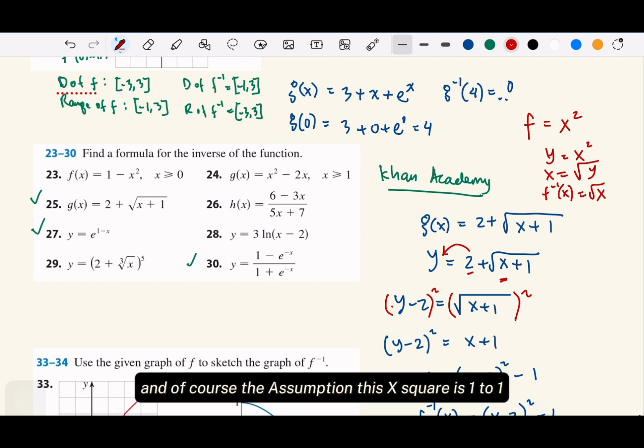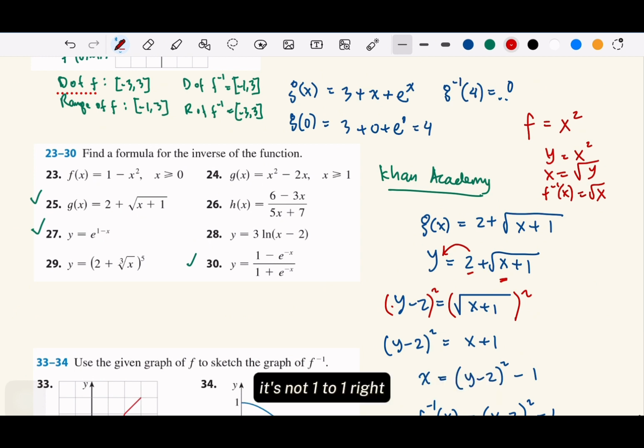And of course, the assumption is this x squared is 1 to 1, because if you look at the x squared and you take horizontal, it's not 1 to 1, right? So we need to assume that it is 1 to 1. So we need to maybe take just one side. Okay.